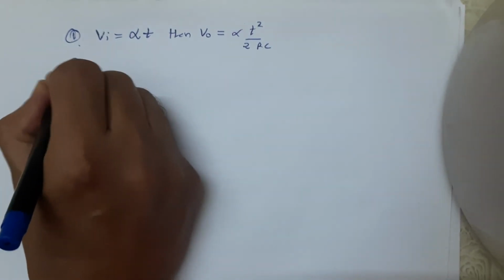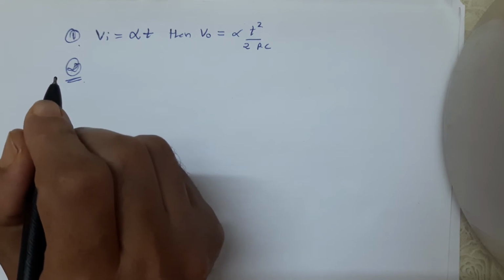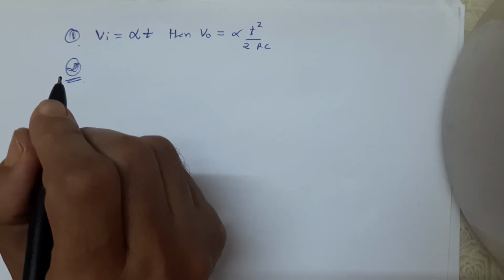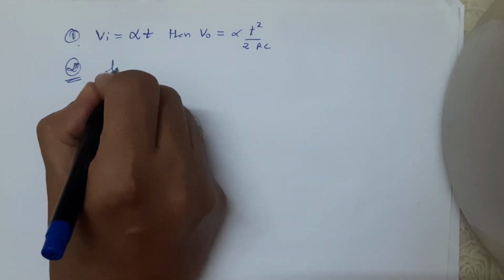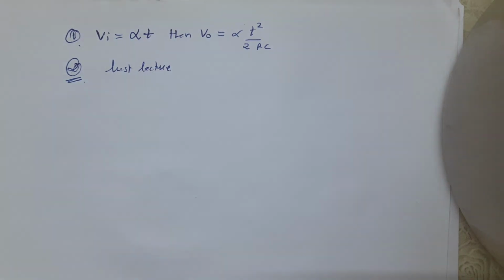The second point is, the integral of a constant is a linear function, and this agrees with the curves of the figures given in the last lecture, when we applied a square wave to the low pass filter circuit.